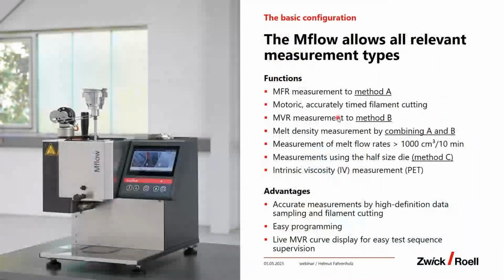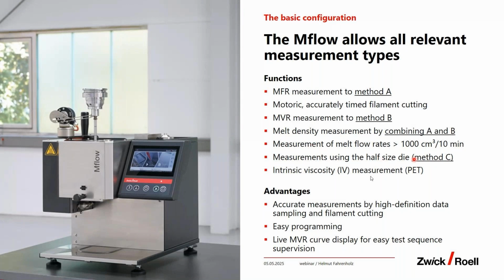If we go a little bit into it, this machine is always equipped with a travel transducer, so it can do method A using the cutter, method B using the travel transducer, or combine method A and B by using both. But it is still a little bit manual, as you have to place the weight and the piston by hand at the right moment.